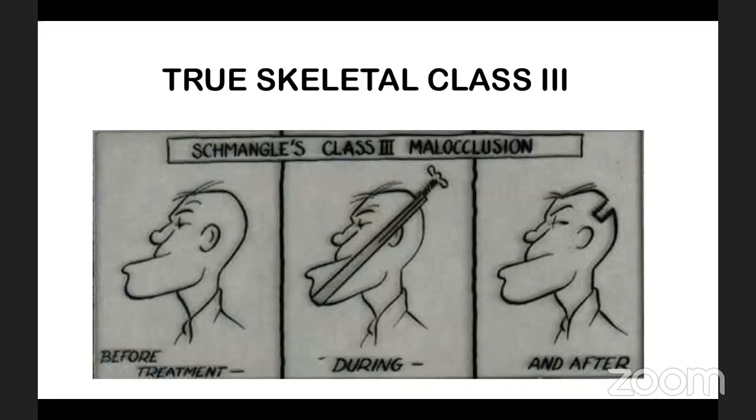Ideally, most of these cases would be surgical, but we would treat them in our offices, dentoalveolar, and with some amount of compromise. And almost all these cases have some compromise among them.